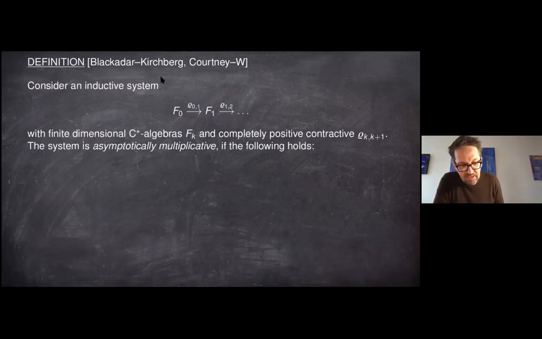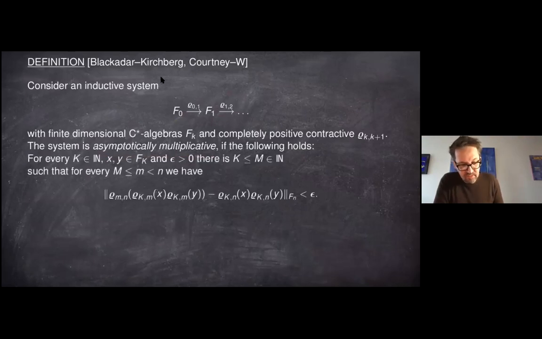And then this system is said to be asymptotically multiplicative if the following holds. Now it's slightly complicated, but that's the information you have to keep track of. So let's go through this.